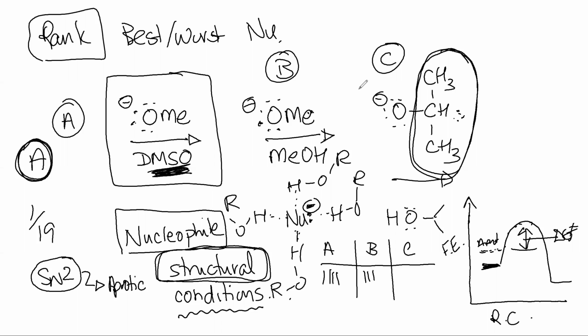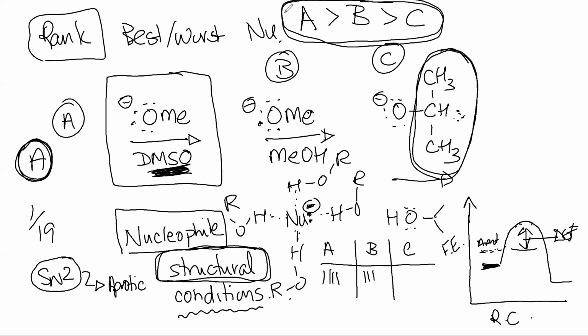So the order for best to worst nucleophile in this case would be A, followed by B, and then followed by C. C has got steric issues, and the difference between A and B is that the solvent is going to promote A behaving as a nucleophile, whereas over here, this is going to make behaving as a nucleophile harder, and it's going to promote elimination reaction.